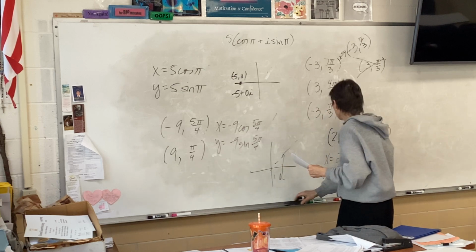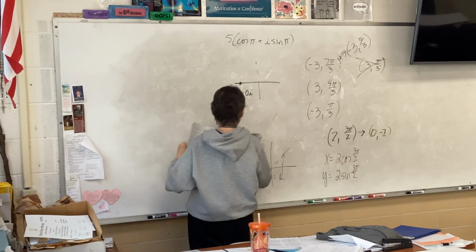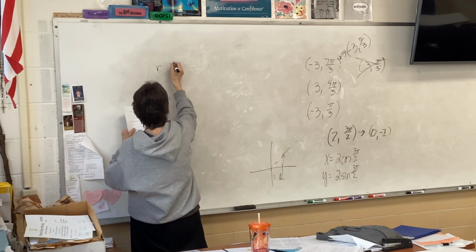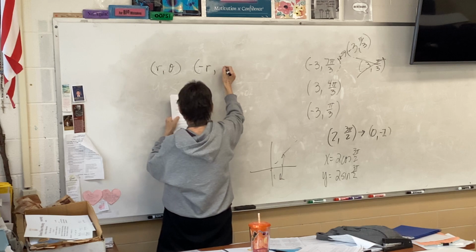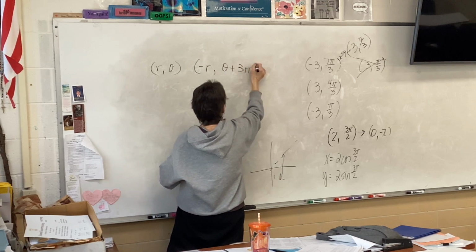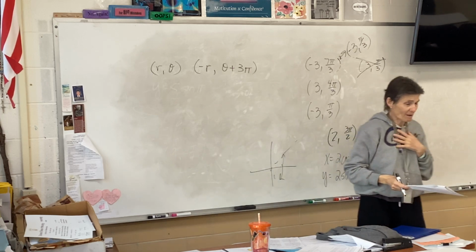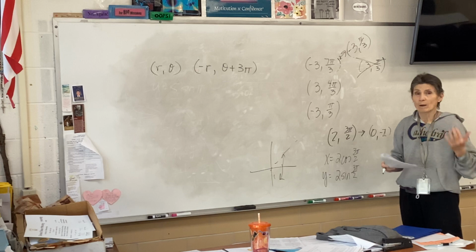All right, how about this next one? Looks a little confusing. (r, θ) and (-r, θ + 3π) represent the same point. Now, we haven't really talked much about this, but in a way we have.